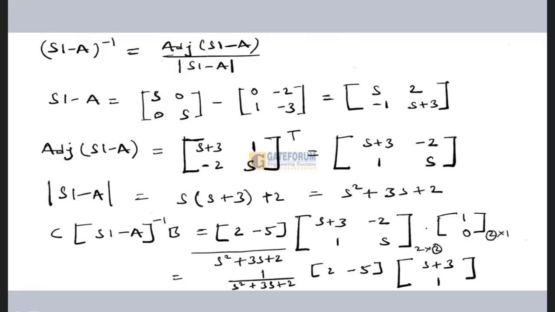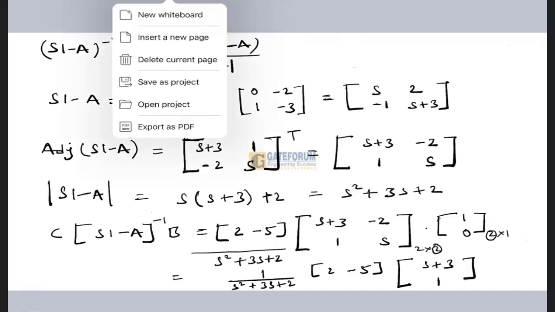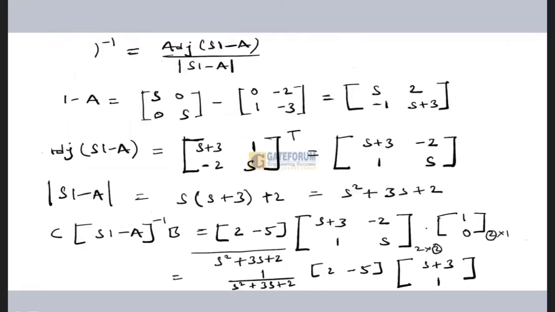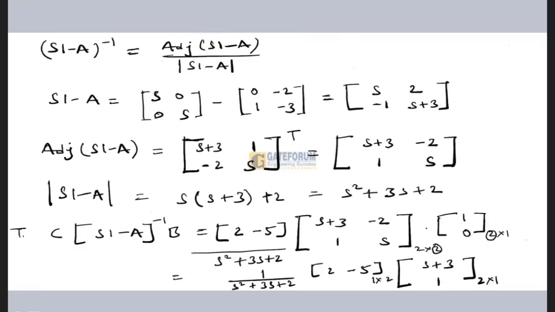Now further, if you multiply these two matrices, this is 2 by 1, this is 1 by 2. So I'll get 2 into (s plus 3) minus 5. So C by R, that is the transfer function of s.